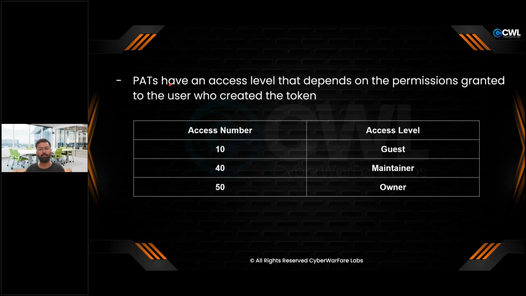Access number 50, and owner is the access level attached to this access number. So we will assume in our demonstration that we have got access to this particular PAT, the personal access token, and we will see what level of privileges this particular token has.